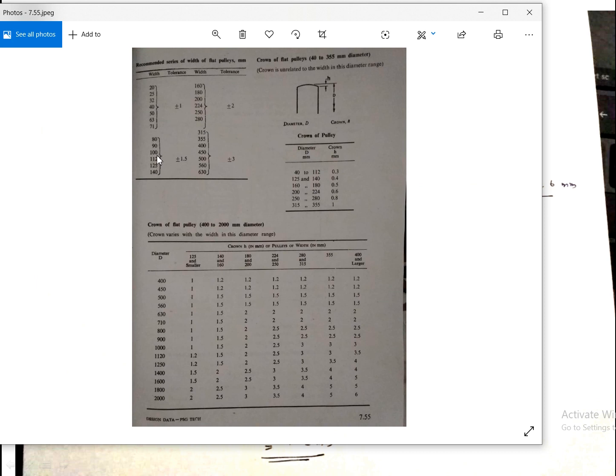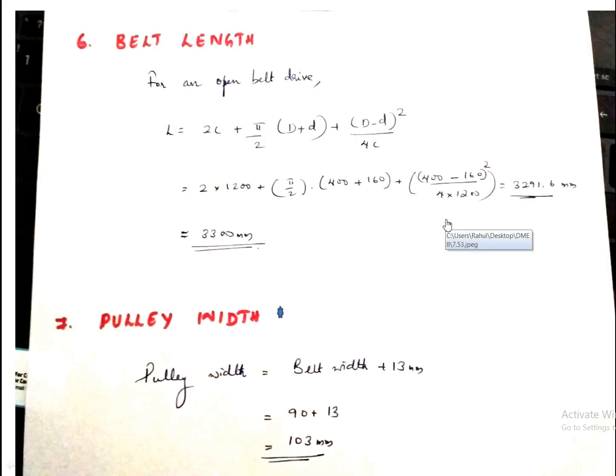The very next standard value is 112 mm. So the width is 112 mm. I have not written it over here, but you have to standardize the value, and the standardized pulley width will be 112 mm.